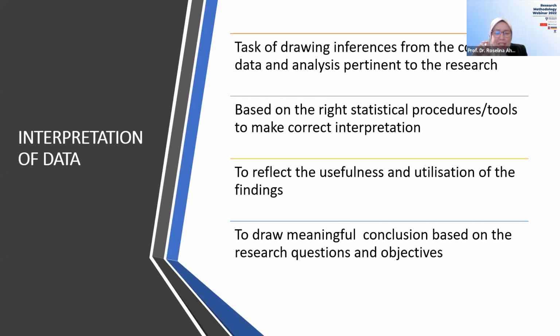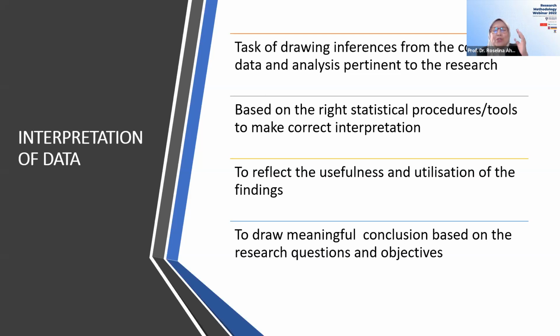Many students, I would like to alert you, when you move on to chapter 5, or even still at chapter 4, always ignore the items that you developed in chapter 3. You remember when you developed your instrument, you have a lot of items. Please don't call it proxy, Anis or others, the items.